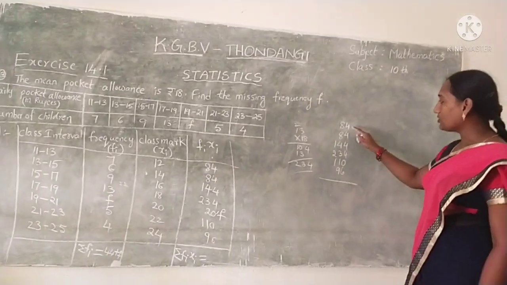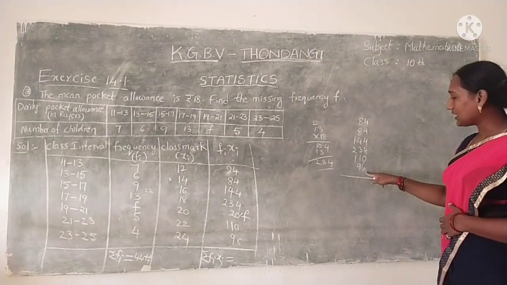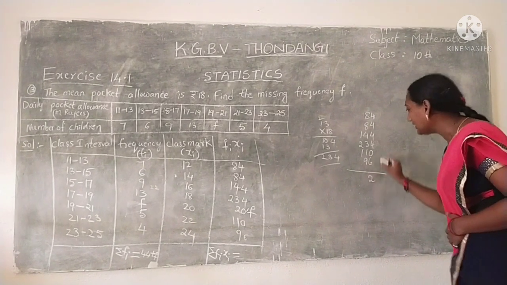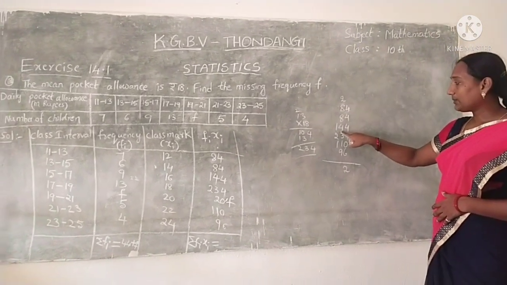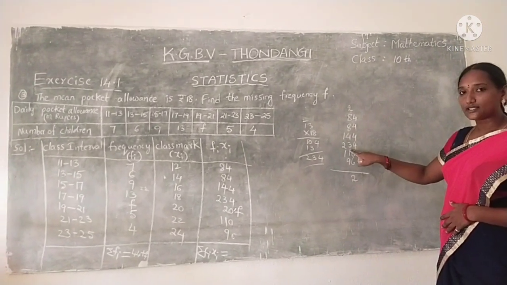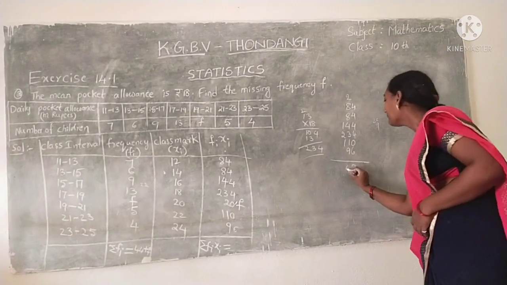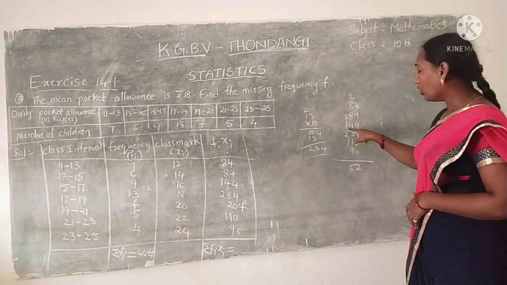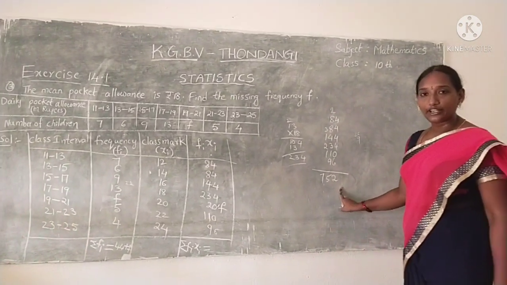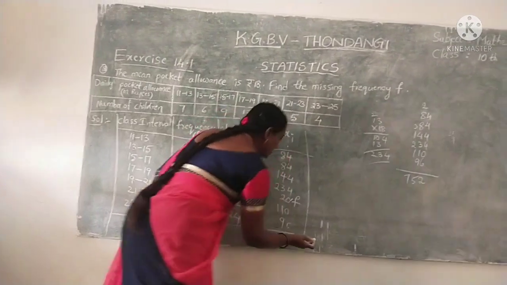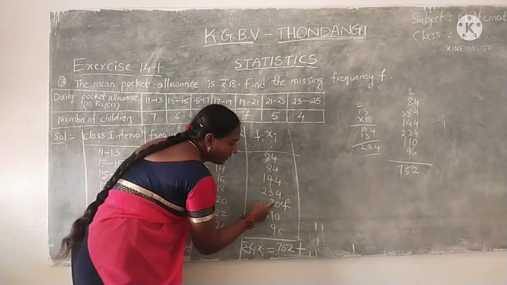Adding these values, the total value is 752.